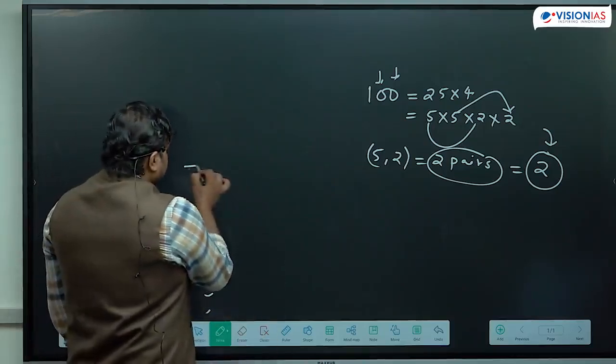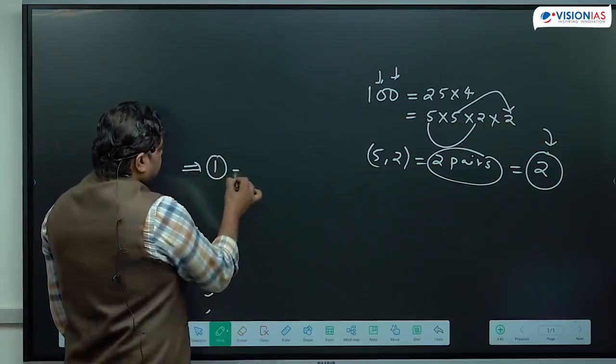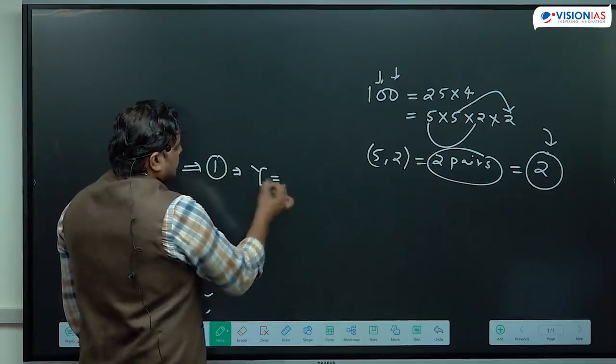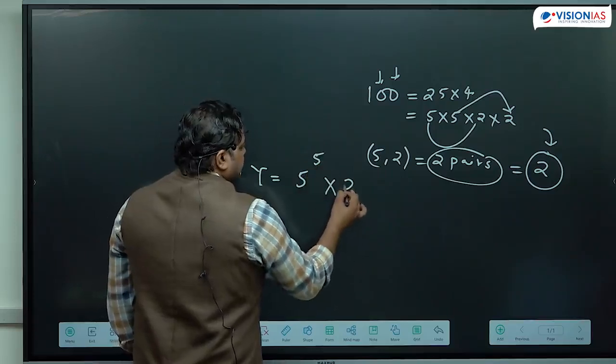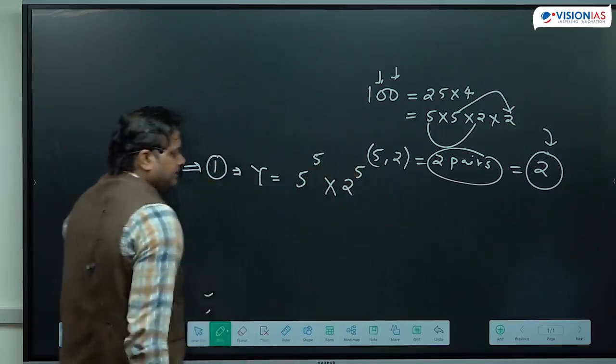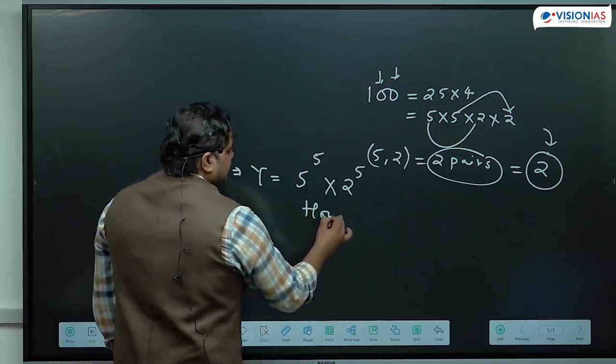If I write a question this way, if y is equal to 5 के power 5 into 2 के power 5, how many zeros are there at the end?